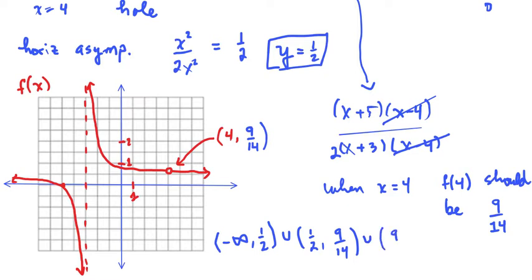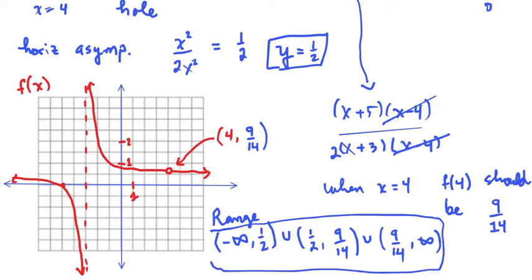So this is a very tricky function for us to find the range of. Hopefully you can see, as I've alluded to many times, that the range is pretty complicated to find. There's actually more to finding the range than just this, but at this point, this is a good place to stop.